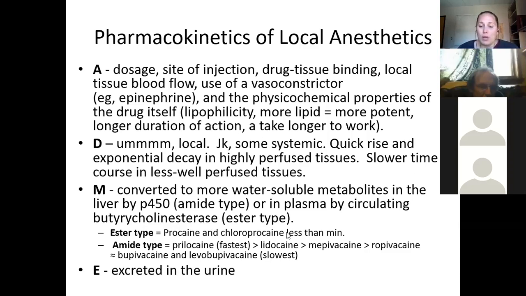Procaine and chloroprocaine are going to be metabolized in less than a minute. And then we'll talk about the amide type, so you can see the laundry list there from fastest to slowest, giving you an overall sense of how these drugs are metabolized relative to one another. In terms of their elimination, they're excreted in the urine.